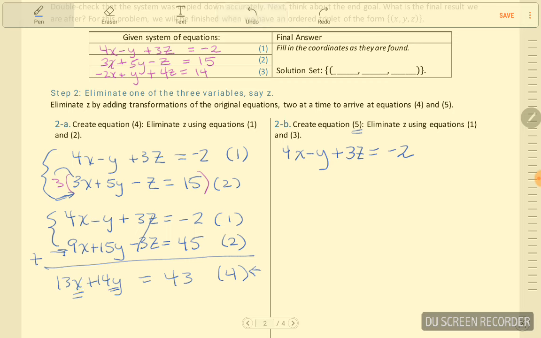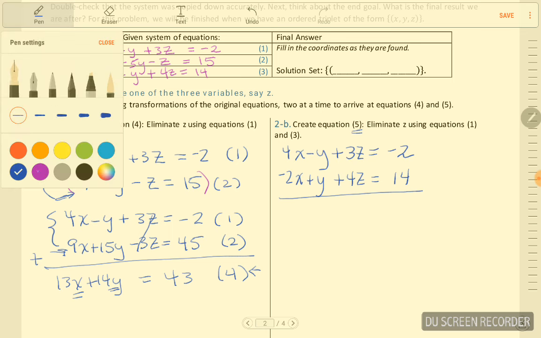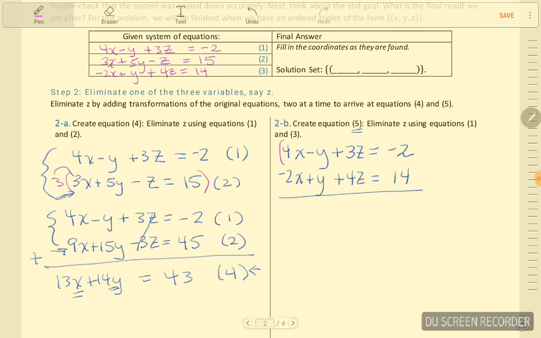So I am going to take my second equation and in order to eliminate z, this one's going to be a little tougher than the last one. I'm going to have to multiply the top one by 4 and the bottom one I'm going to do by -3.